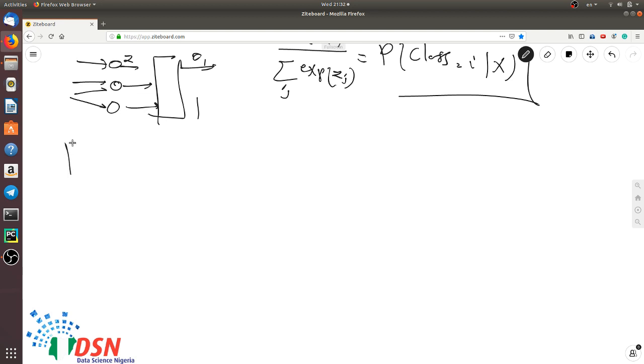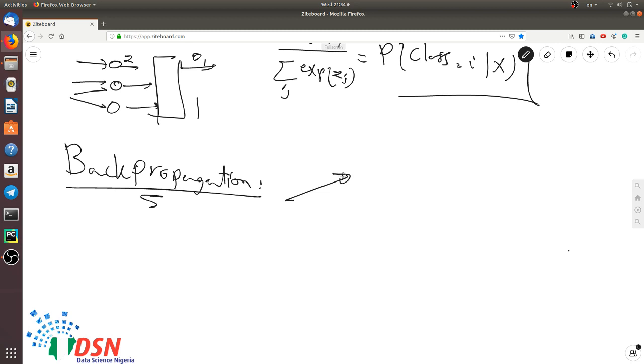Now we want to talk about backpropagation. So what is backpropagation? It is a training algorithm that is used to adjust weights for multi-layer networks, or MLPs.